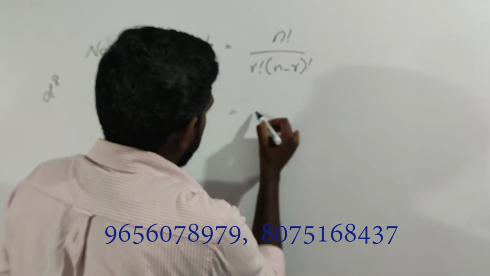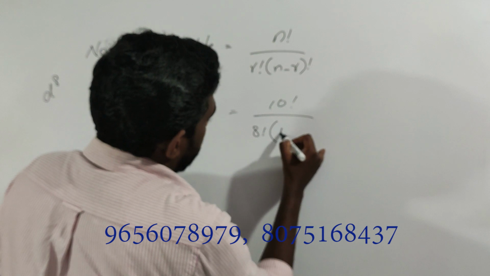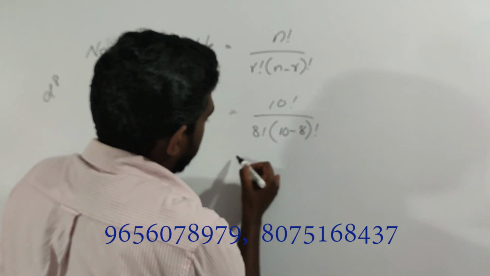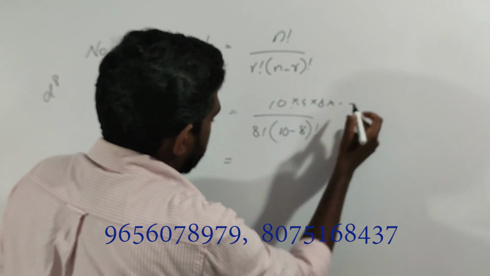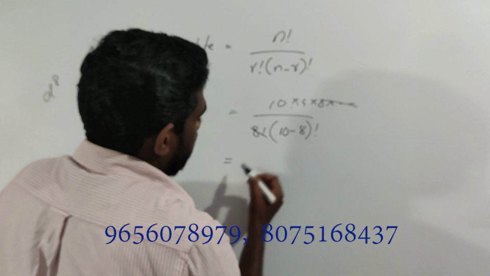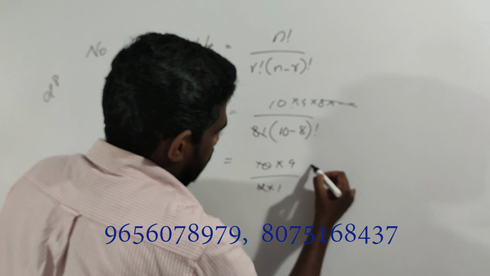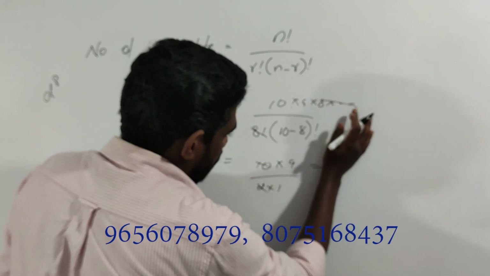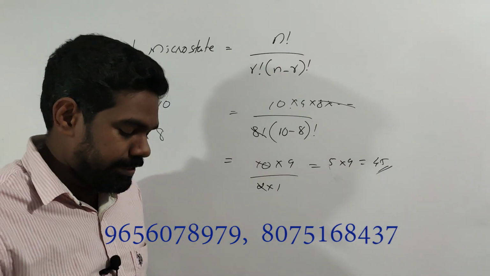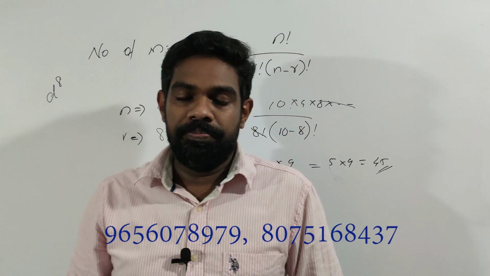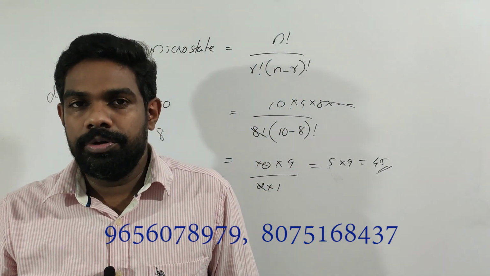Substituting in this equation, 10 factorial divided by 8 factorial into 10 minus 8 factorial. 10 factorial means 10 into 9 into 8 and so on, so it will cancel out, leaving 10 into 9 divided by 2 into 1. This will also cancel, 5 into 9 equals 45. This is the answer for question number 42. Answer is 45.